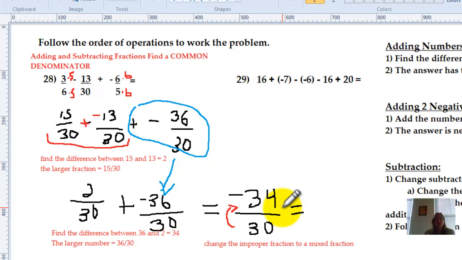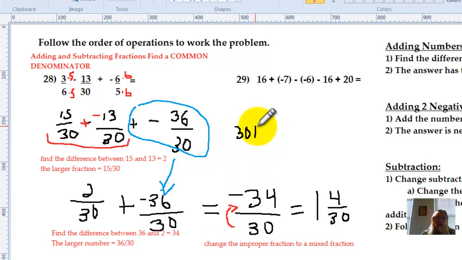Well, I can see in my head that the answer is going to be 1 4/30, and we'll be reducing 4/30. Because I know 30 goes into 34 one time, and we'll have a leftover of 4, so it'll be 4/30. And you can do it that way in your head, or you can do the division, which is 30 into 34.